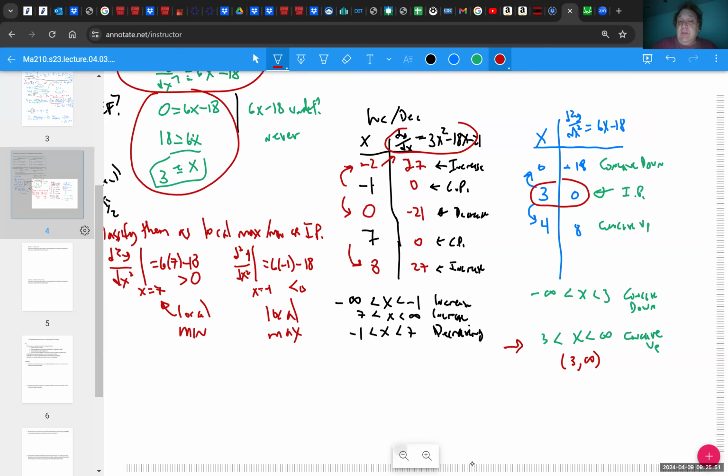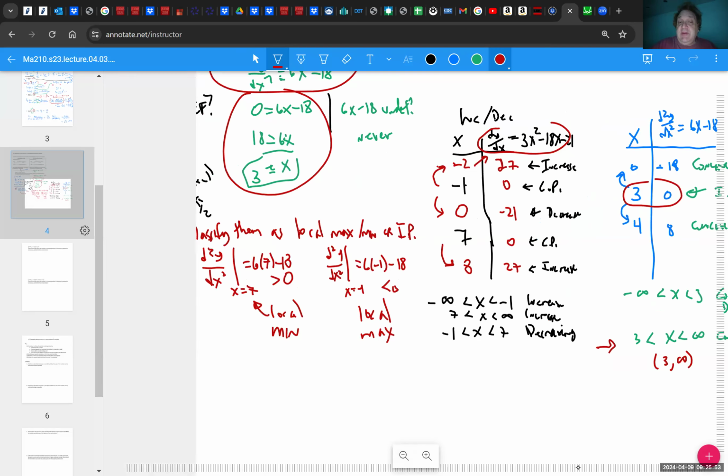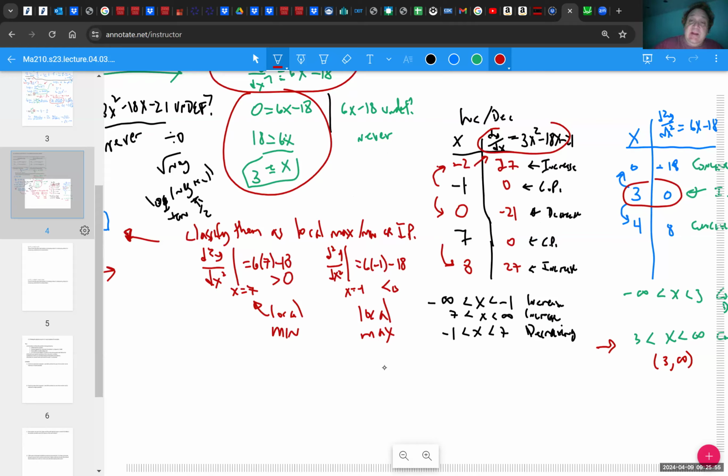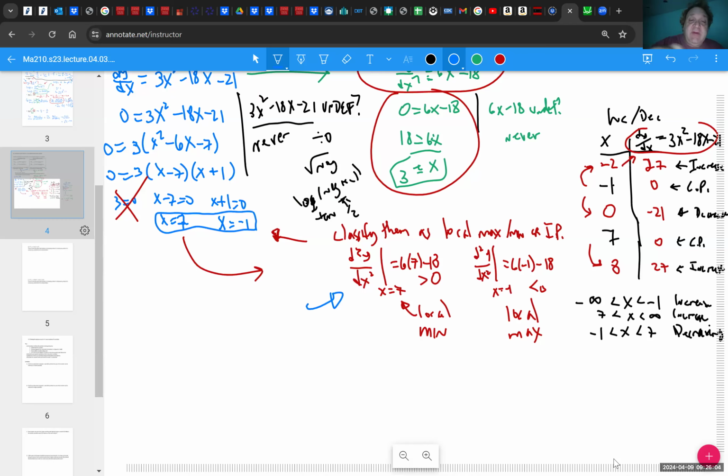All right, and then of course, really briefly, as I mentioned, how do we do this if we don't bother classifying them? Classifying them was an option. If you don't classify them, then we don't really know if 7 and -1 are max and min or inflection points. Specifically, they could be inflection points.